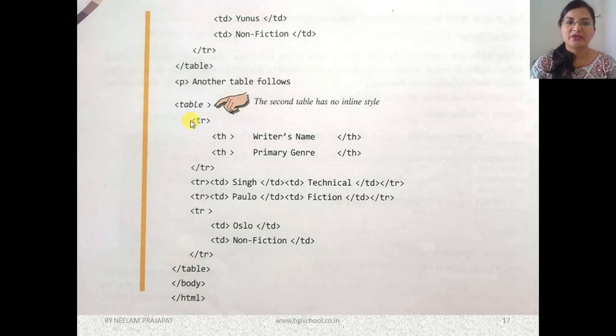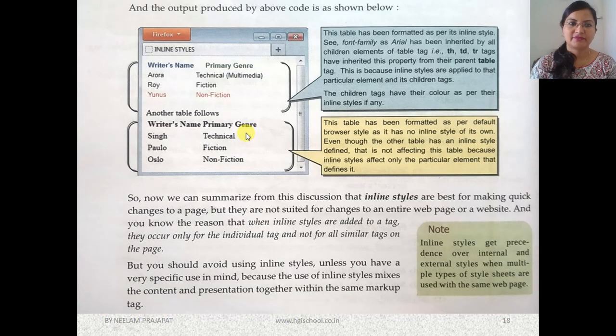In this table again there is the same table, first row, second row, third row and fourth row, without any inline style. So here we can see the difference now. This is the simple table without any style, and here it is writer's name in blue color, primary genre in green color, both these rows in black color, and the last row in red color, you can see.